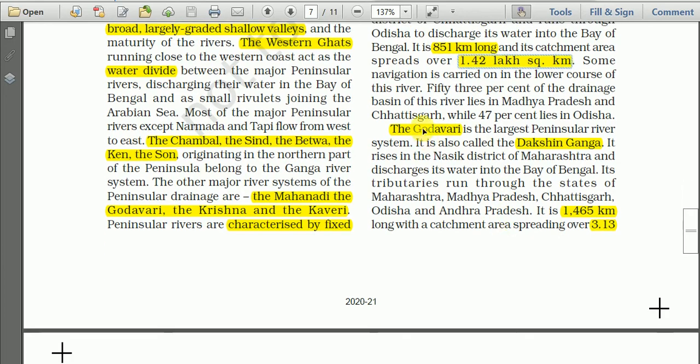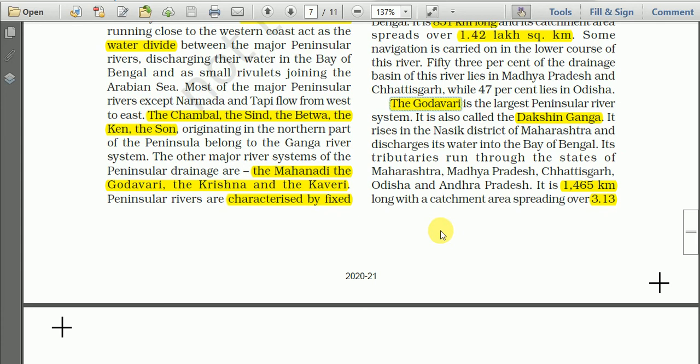And next we have the Godavari. It is the largest peninsular river system, and it is also called the Dakshin Ganga. So Godavari is the largest river of peninsular India. It is also known as Dakshin Ganga, that is the Ganga of the south. It rises in the Nasik district of Maharashtra, and it discharges its water into the Bay of Bengal.